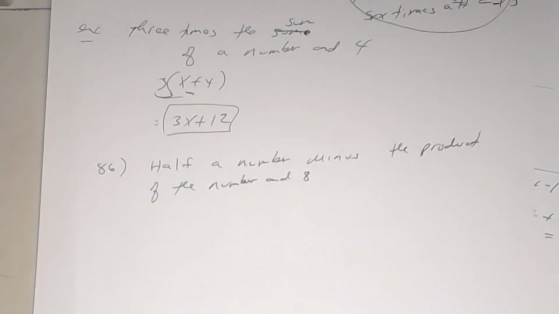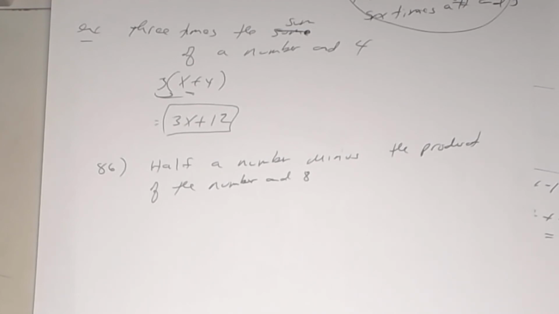So half a number minus the product of a number and 8. So again, minus means to subtract, product means to do what? Multiply. What is half? Half means what? 1 over 2 times, though, right?